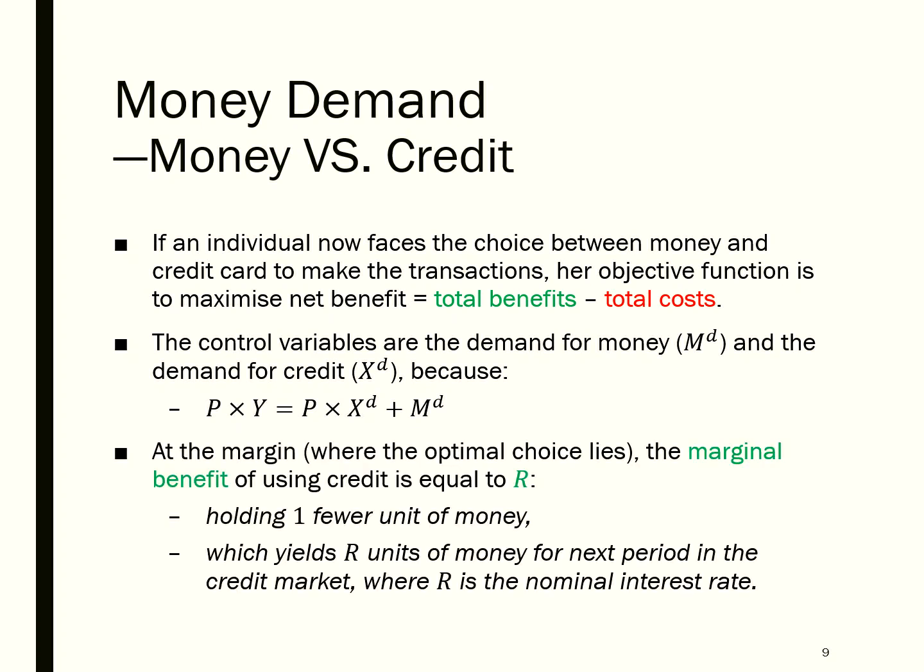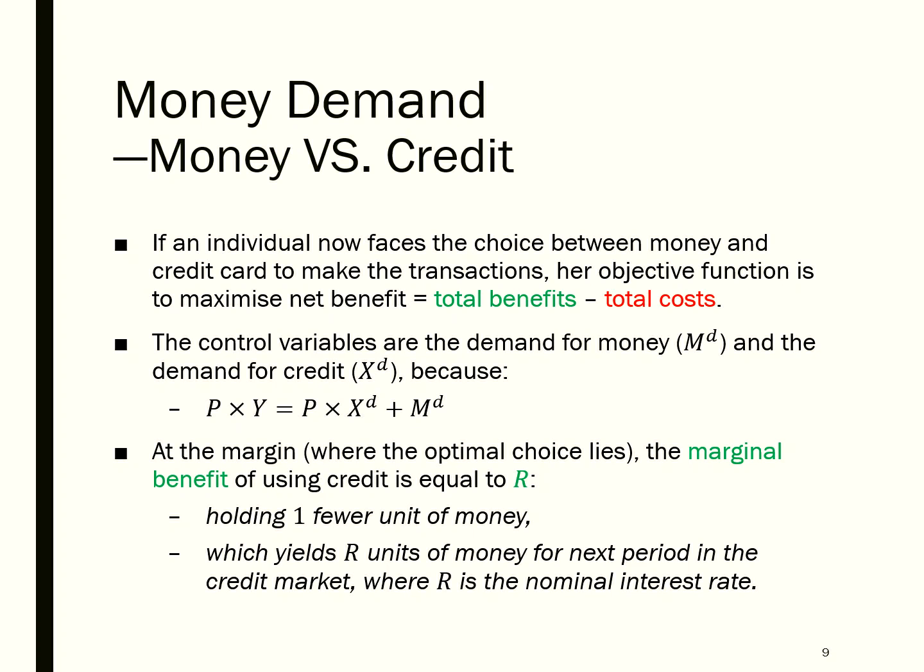So at the margin where you optimize, the marginal benefit of using credit must be equal to the marginal cost of using credit. We know that the benefit of using credit is you will be able to save the money in the bank and then get this nominal interest rate R. Okay, R is the nominal interest rate. So if you use credit, you will get this benefit.